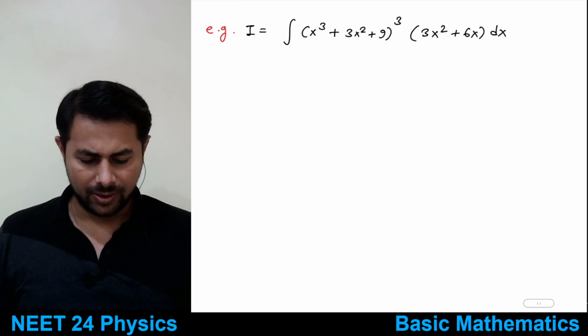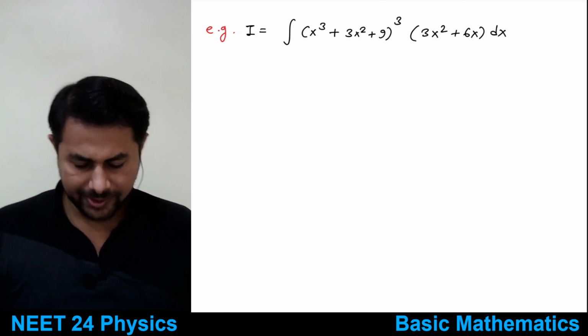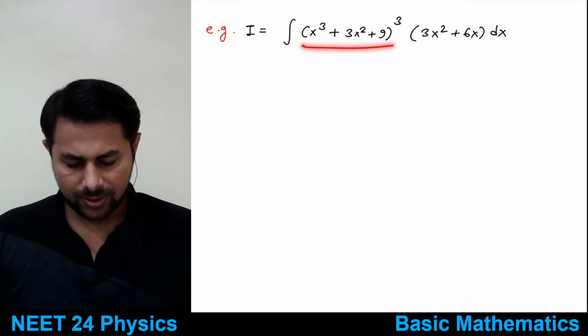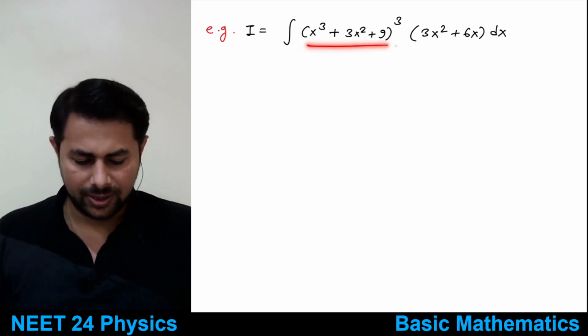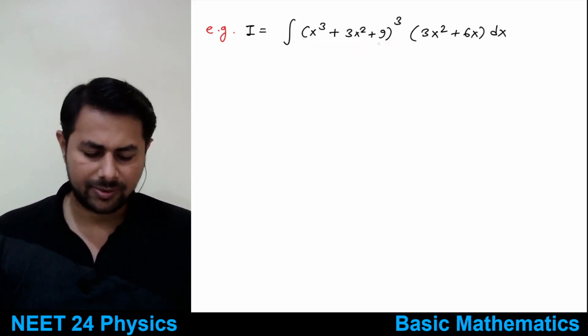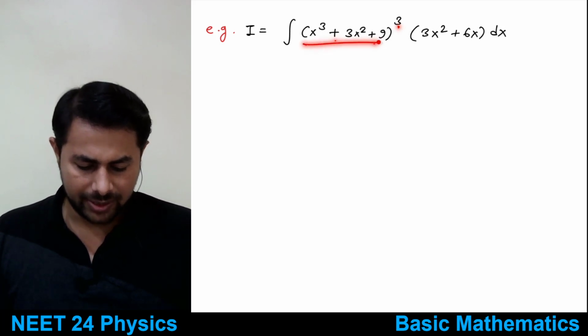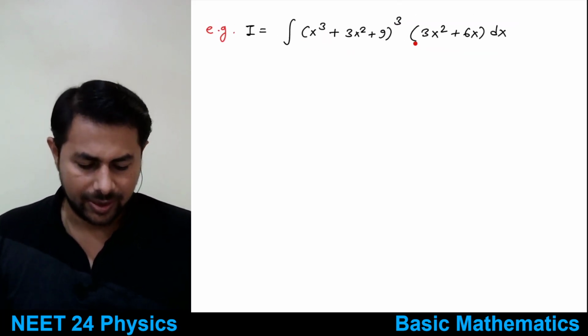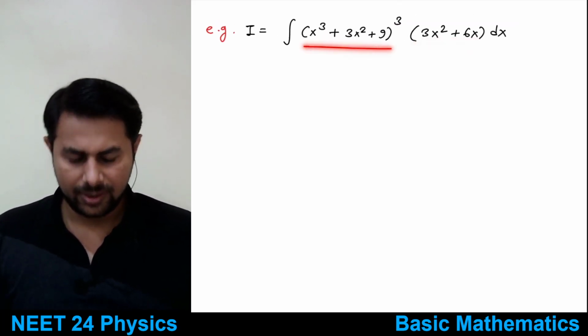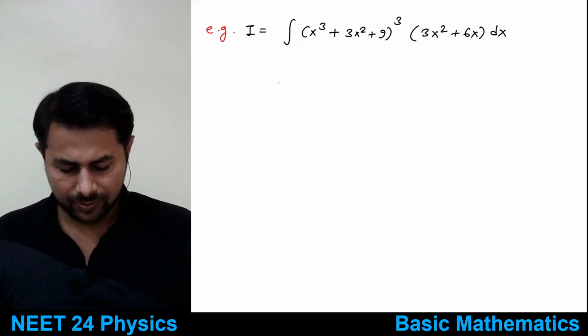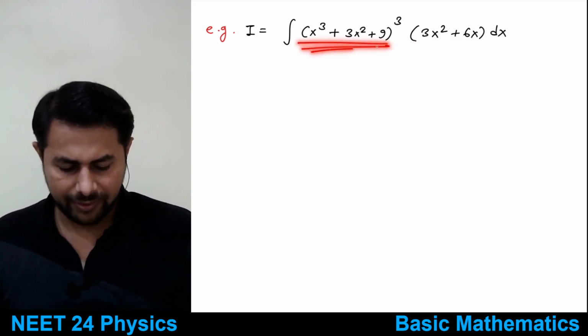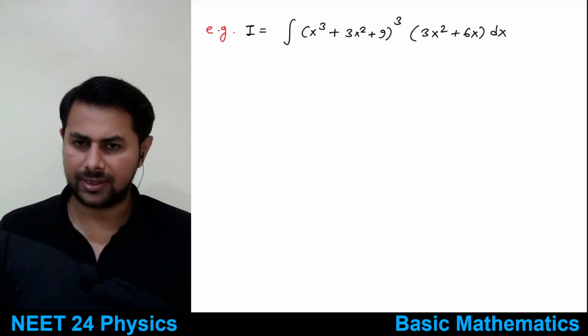Good. Let's see some examples based upon this. So you have a very lengthy integration, x cube plus 3x square plus 9 cube, but its derivative is sitting there in multiplication. Then what will be the solution of this? If you take the derivative of this, you get 3x square plus 6x.